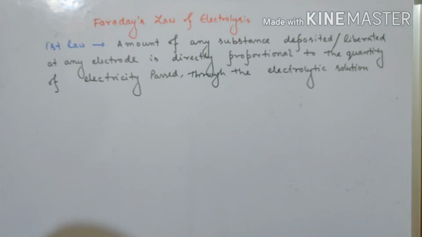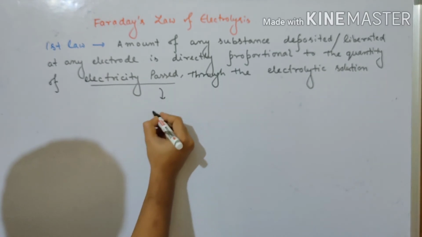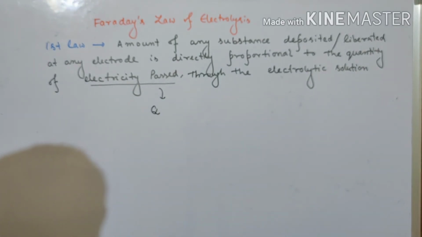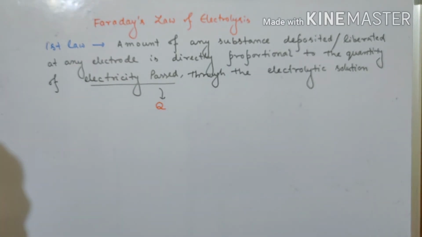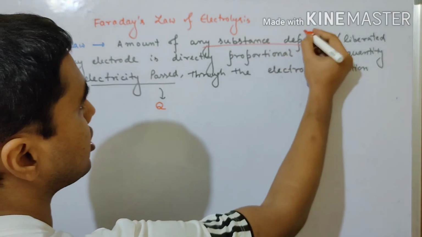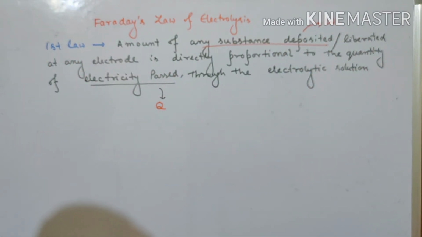So here, if we explain it mathematically, we should be able to say the quantity of electricity passed, that we take as Q, and the amount of any substance deposited, if we are writing as W, they should be proportional to each other.